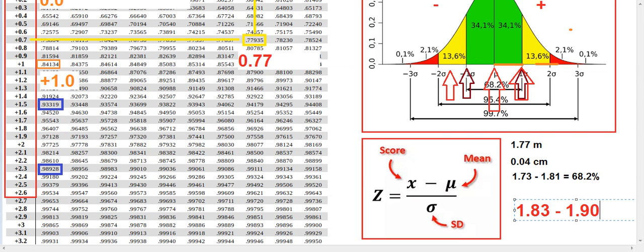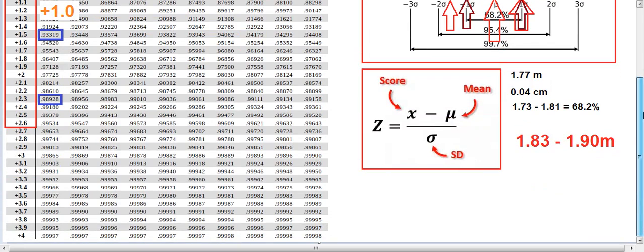How can we find it? Well, we're going to use something that we call the z-score formula. We're going to find the z-score by using this formula. So let's go. We have everything that we need.